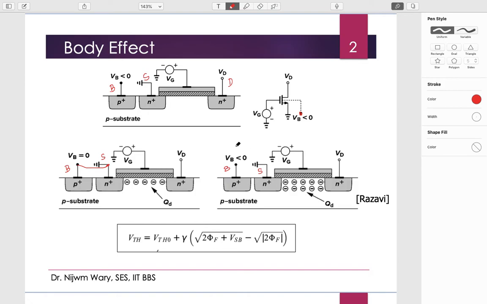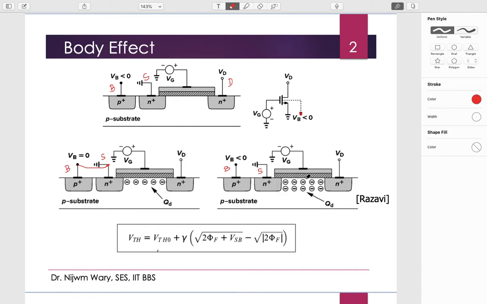But whenever the bulk is connected to a potential lower than zero, compared to the normal situation, more depletion charges will be there beneath the channel, because this negative voltage will repel more electrons, and more of these charges will form.